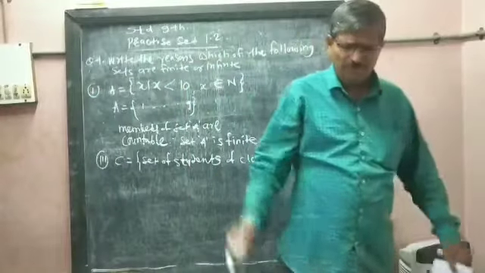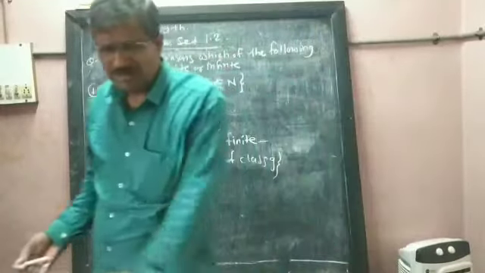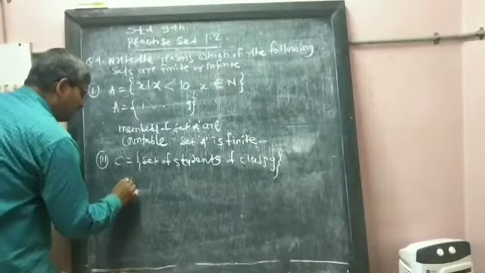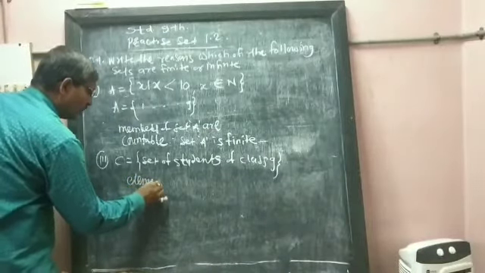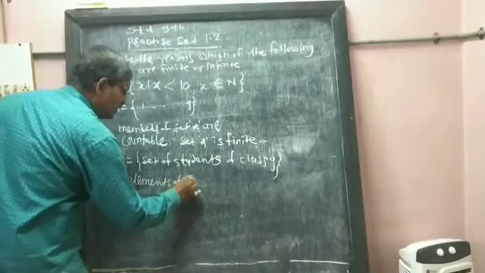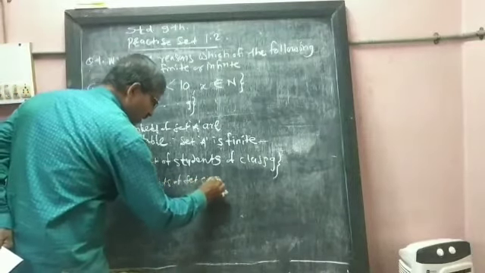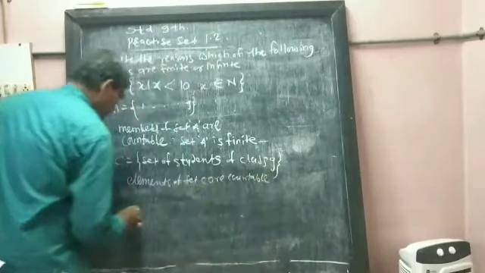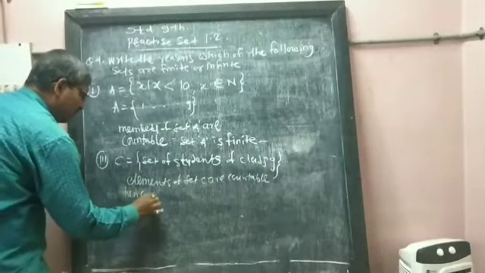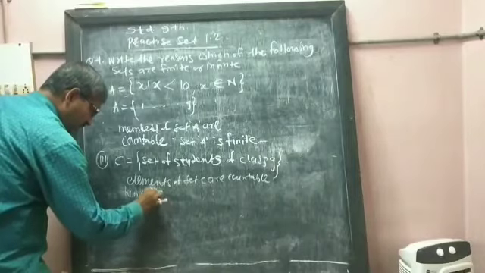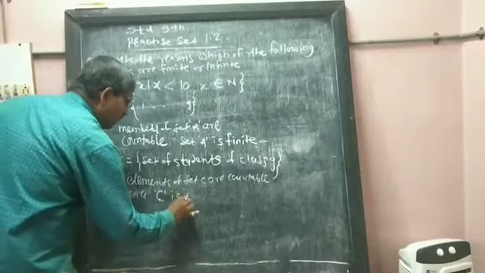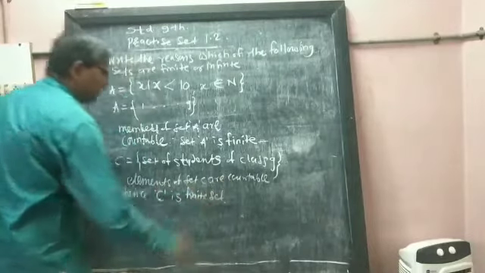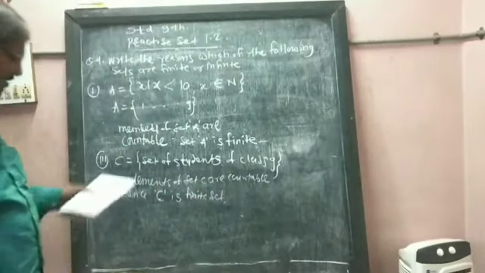Yes, easily we can count. There are no unlimited students. Therefore, elements of set C are countable. Hence C is a finite set.